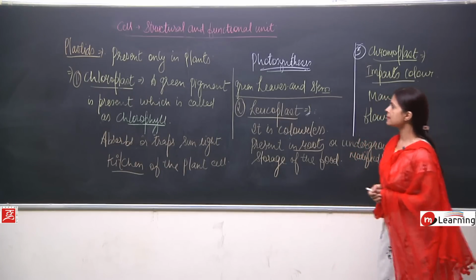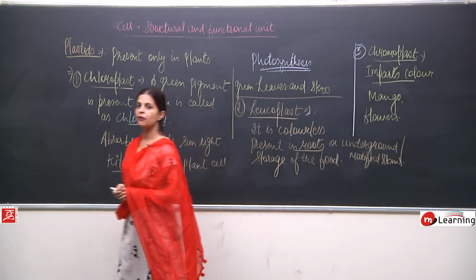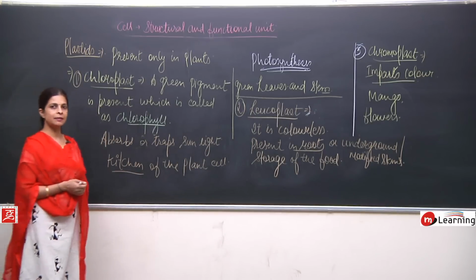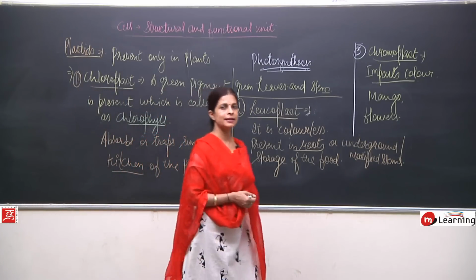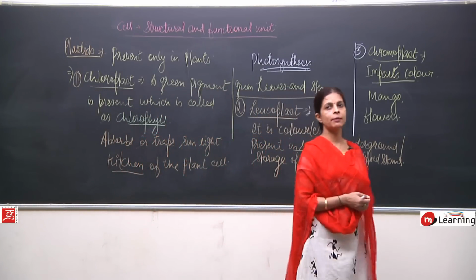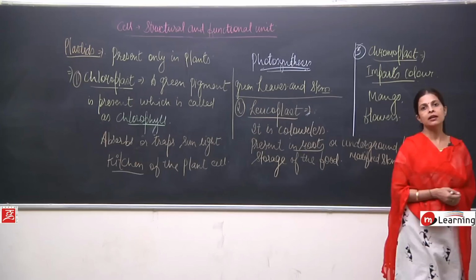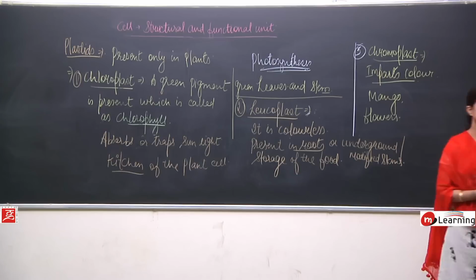We have discussed the cytoplasm, which is the main part of the cell, filled inside the cell except the nucleus. We have also discussed the plastids. Now we will be talking about the next organelle. Please note this so that we can move to the next one.